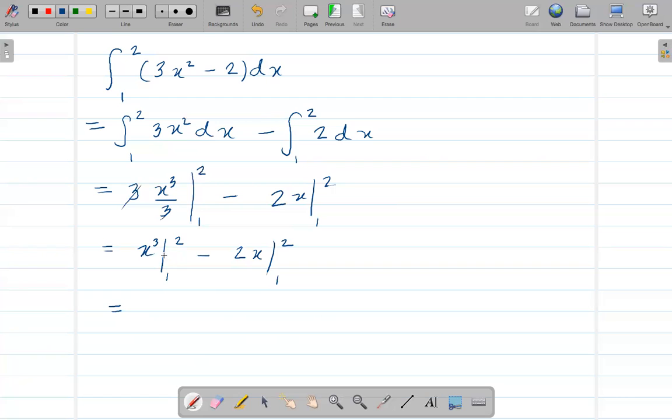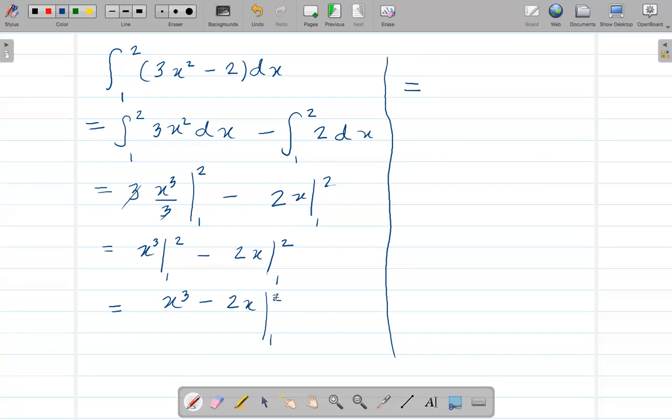Okay, for this one, since we have the same interval, we can write it like this. Just combine x and negative 2x and write just one interval, because the two have the same interval. Now plug this 2 in instead of x.